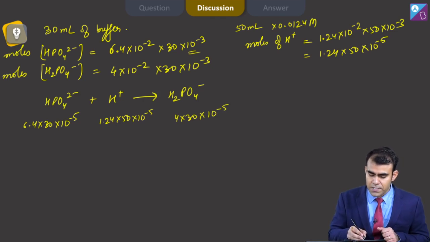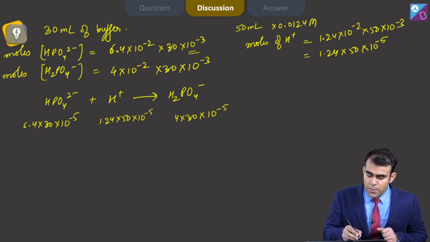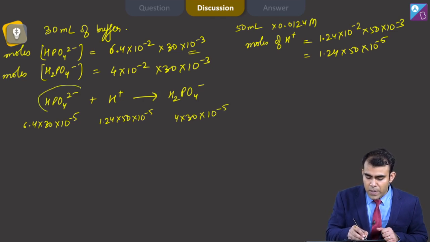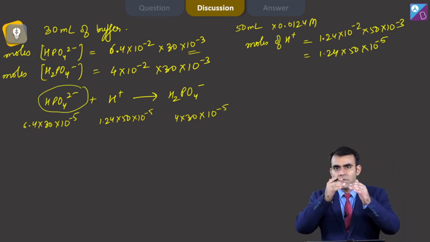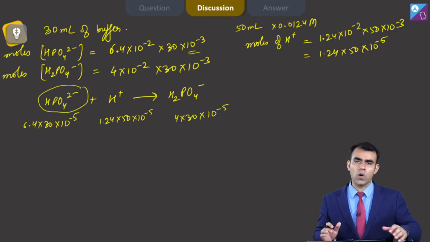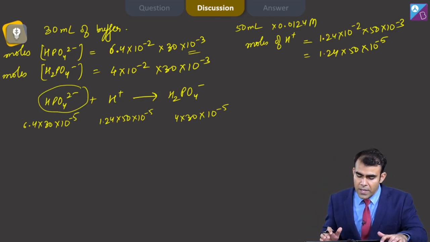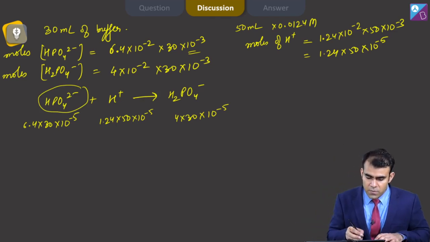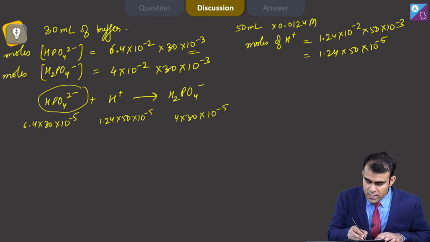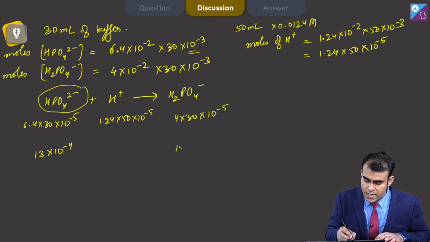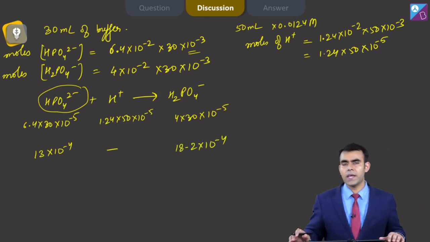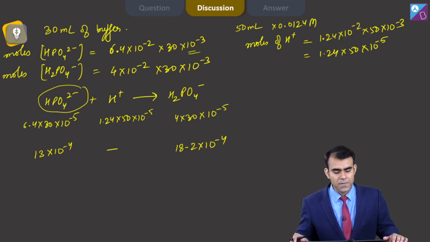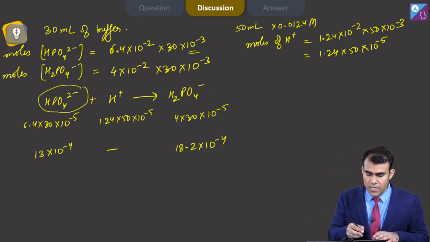After the reaction, my salt concentration will be reduced and my acid concentration will be enhanced, and that's why finally I will get this as 13 into 10 to the power minus 4, this as 18.2 into 10 to the power minus 4, and this will be consumed from here. Now these are the final concentrations.